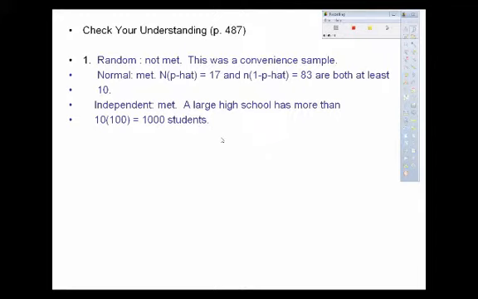All right, number 2. The quality control inspector takes a random sample of 25 bags of potato chips from 1,000 bags filled in an hour. Of the bags selected, 3 had too much salt. All right, let's check it.